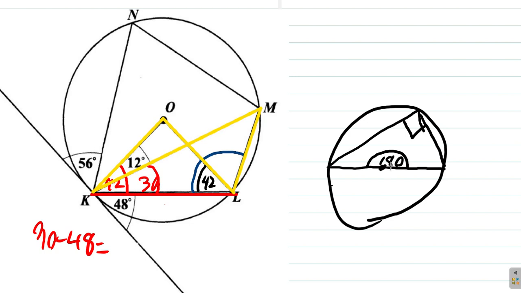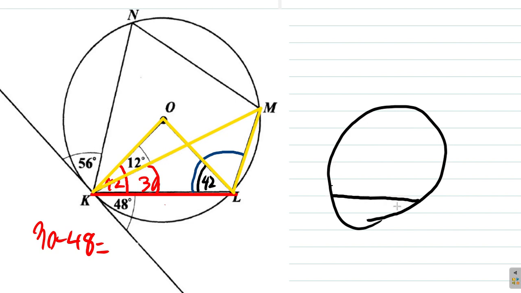Now, if you have the chord, instead of being the diameter, say, down here. This is the center. You have an angle at the center, and you have an angle at the circumference in the same segment. You're going to see that if the angle at the circumference is x, the one at the center is 2x. Always twice the angle at the circumference.